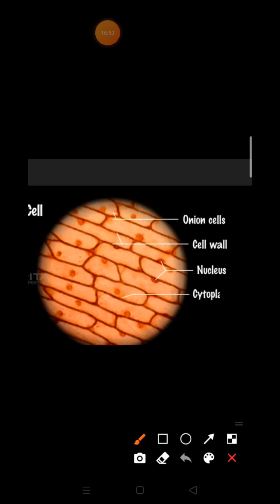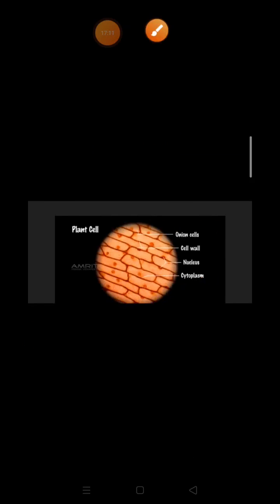So these are the parts which are visible in a plant cell. First is the cell wall, which is the outer membrane. This is the cell wall. Inside it is the cell membrane. And then what is there? This is the nucleus which we observe in a plant cell when observed under the microscope. So these are the different parts which we have talked about: cell wall, nucleus and cytoplasm.